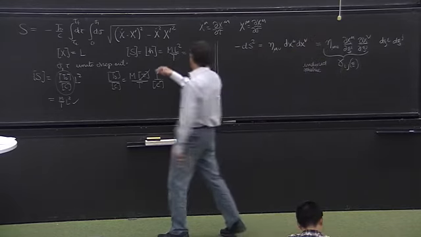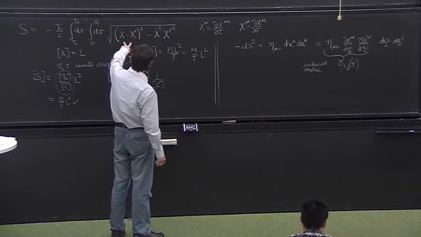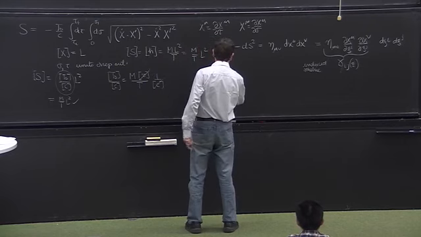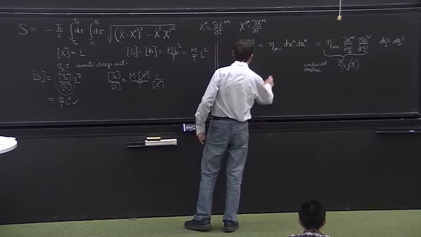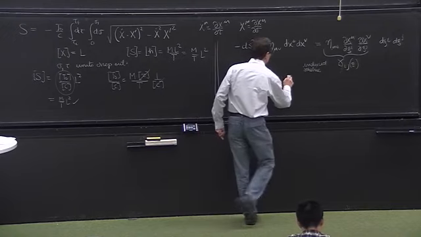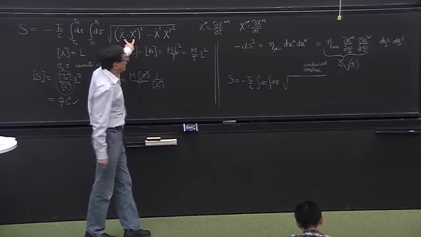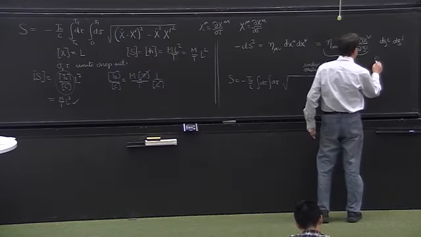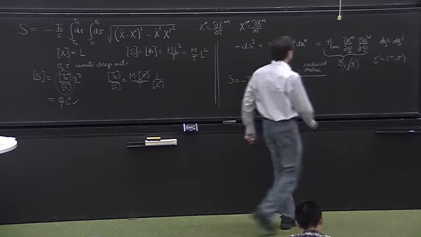And you can see that this Nambu-Goto action is minus T0 over c integral d tau d sigma square root of this term in gamma. Remember, the xi i's are tau and sigma.